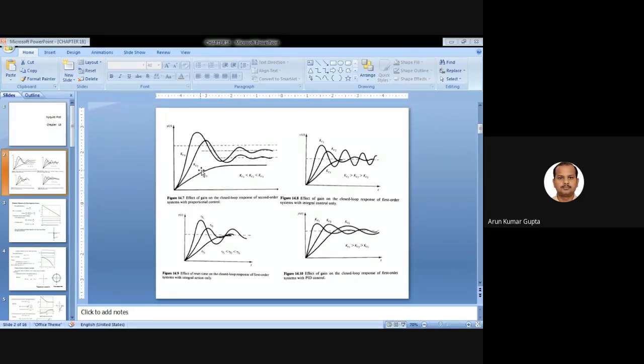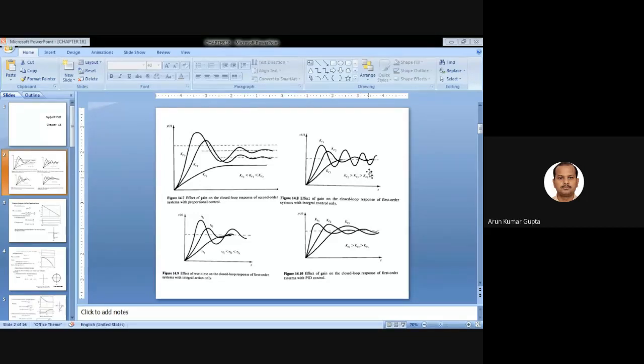So here you can see a graph like this. In a proportional controller, as you know, with Kc we always have the offset. If you increase the Kc value, you will find oscillations or uncontrolled kind of behavior, and the offset will also decrease, but the oscillations will be high. So this is the behavior of a second order system. These figures are not given in Coughanowr, that's why I particularly put them for you. So you can see the effect of Kc on the second order system.